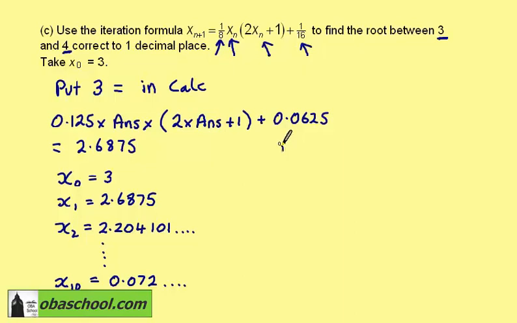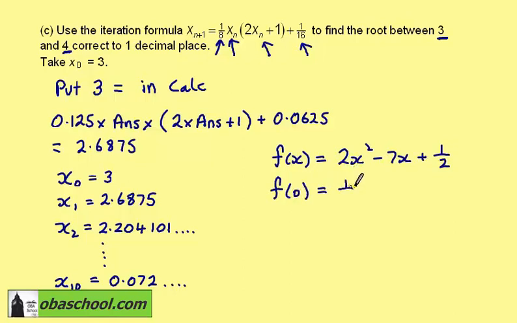Let's investigate further. We know our function f of x is 2x squared minus 7x plus a half. If we evaluate f of 0, we get a half. If we evaluate f of 1, we get 2, take away 7, plus a half, which is minus 4.5.